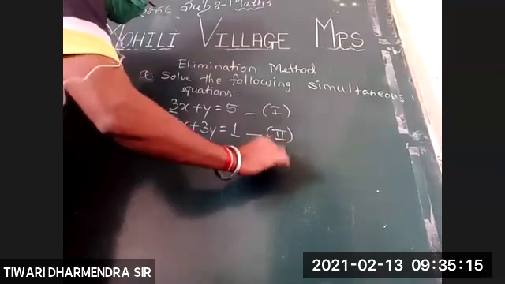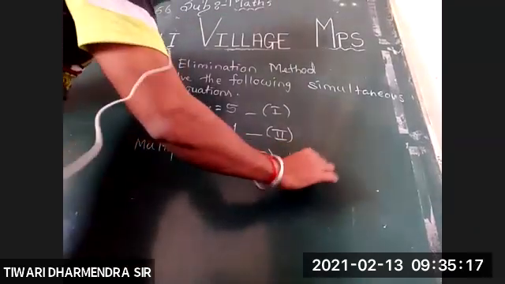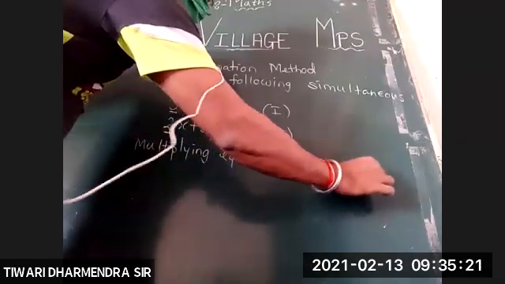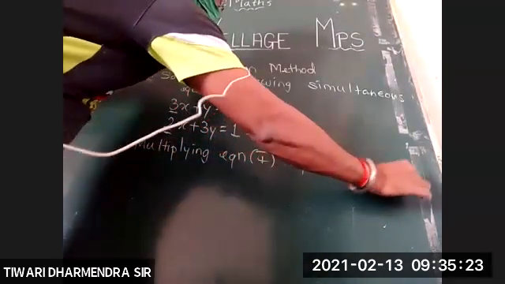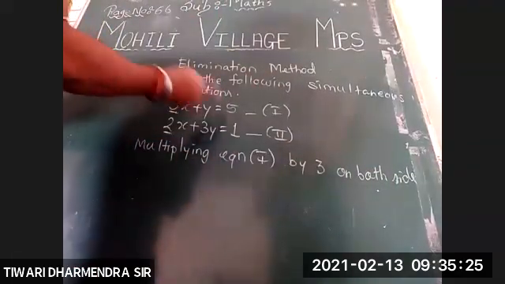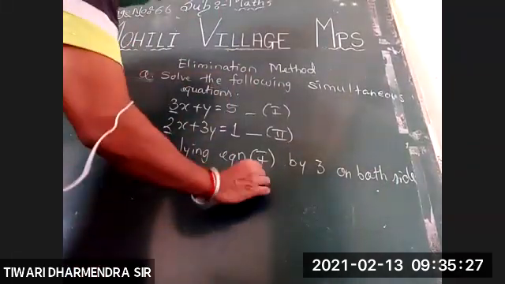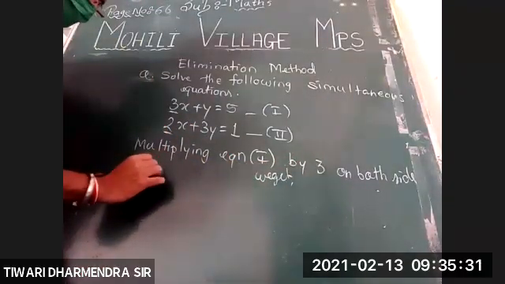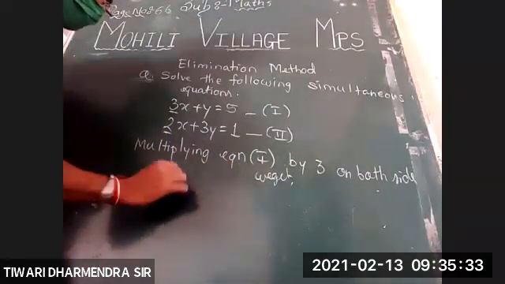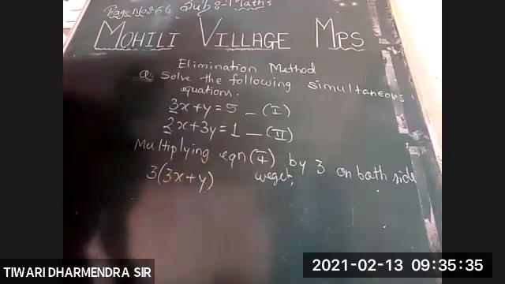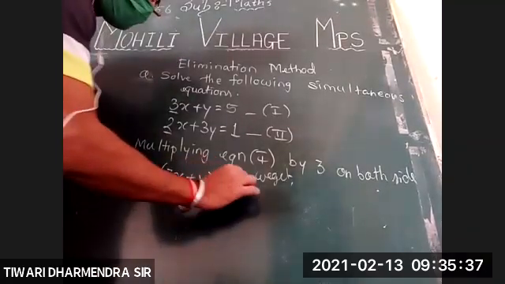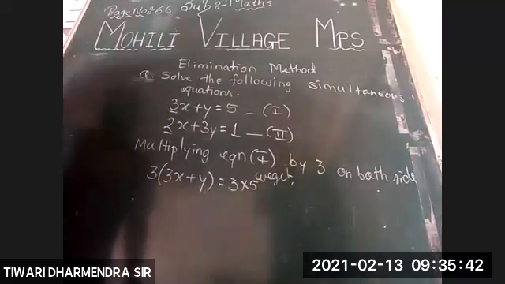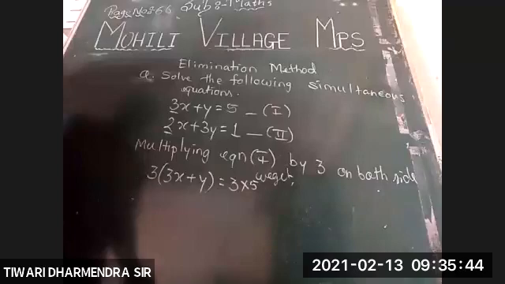Multiplying equation 1 by 3 on both sides, in the sense left hand side and right hand side, we get 3 multiplied to 3x plus y is equal to 3 multiplied to 5. So just open the bracket.